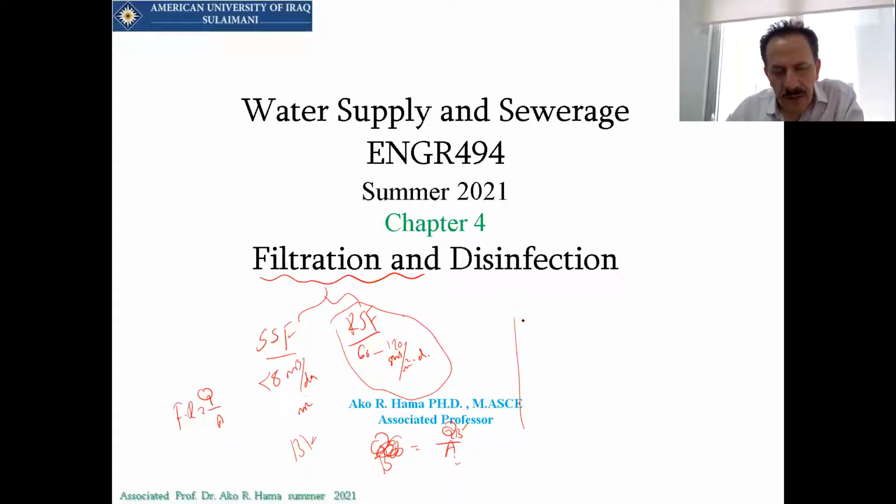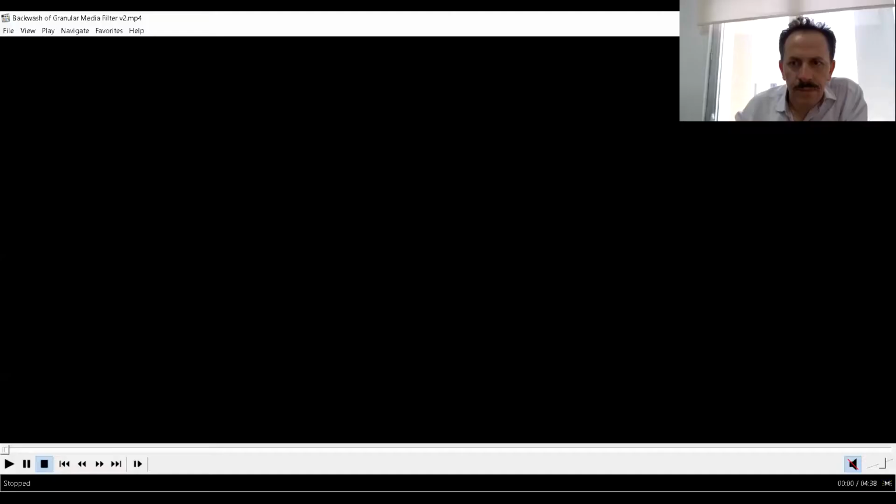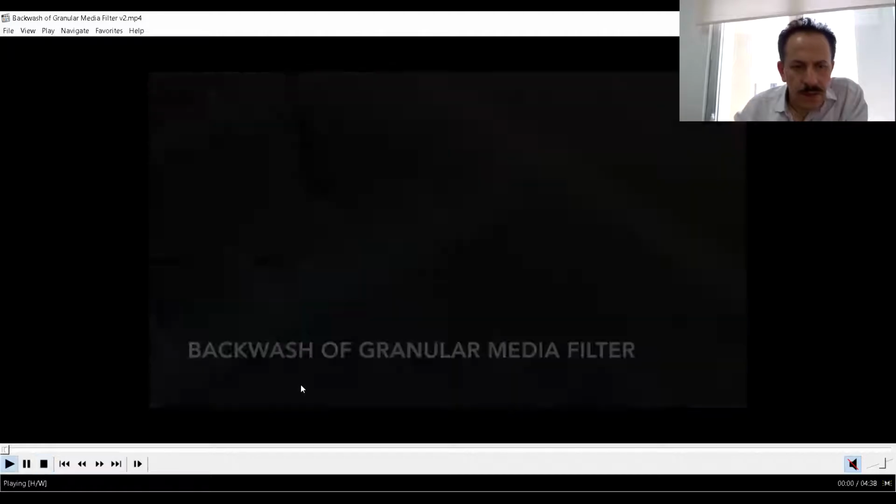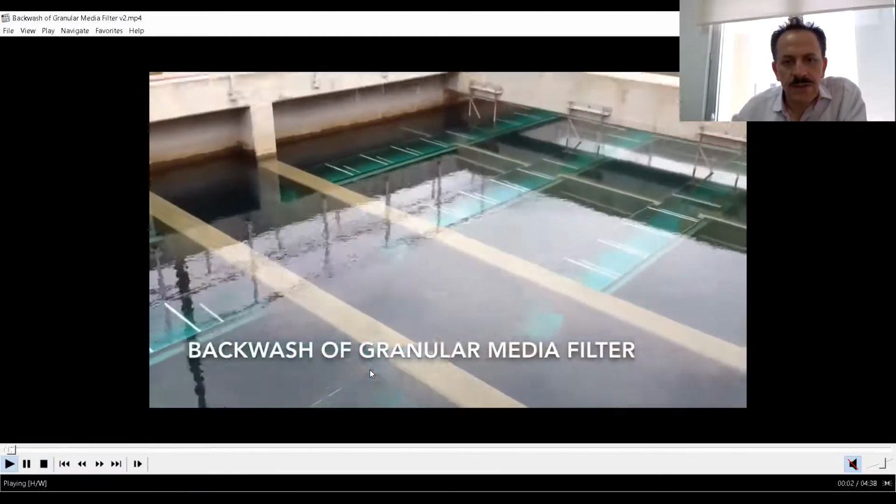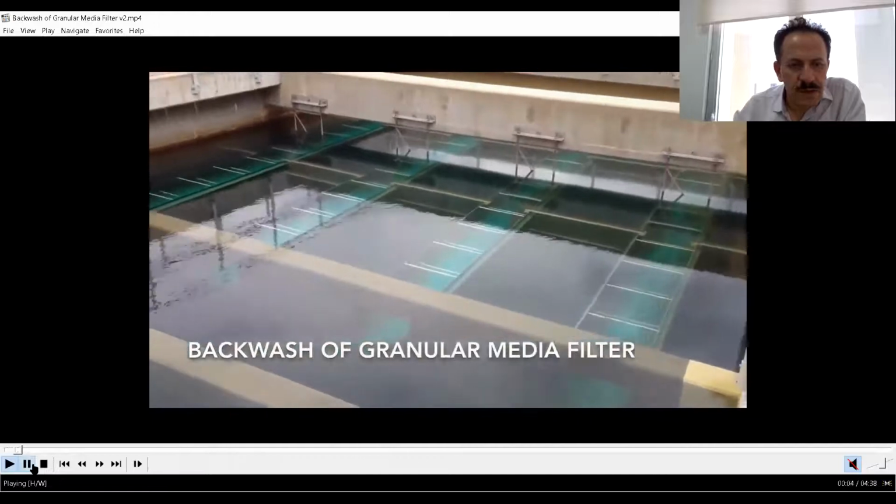And we have the depths, the equations for filtration, and the troughs. I think I posted two videos for you, and let me show them again to make it clearer. Now you can see this is the normal filter.